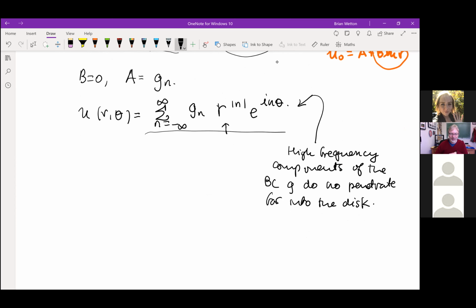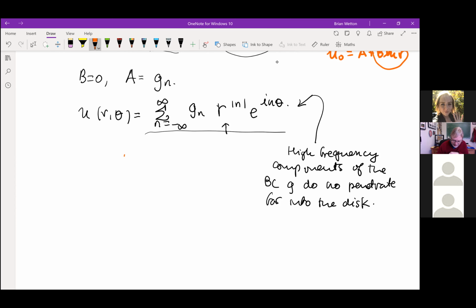If you've got n is equal to 10, so you've got something that's got a few wiggles on it around the outside, then when you're at r is equal to 0.9, you're weighted at 0.9 to the 10th power, which means it's actually pretty small, even though you're not very far into the disk. And then, of course, if you're at a half, that's 1/2 to the 10th power. Really, that information is not penetrating inside this disk very much at all. So that's something that you can get.